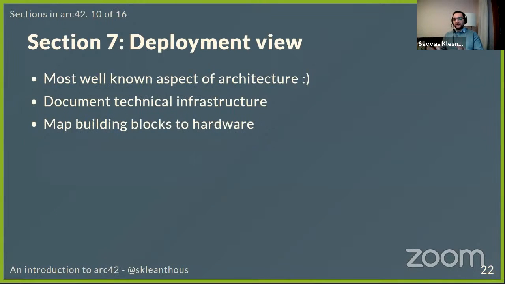How do we put stuff? Where do we put stuff? How is it deployed? What kind of communication do those virtual machines or physical machines have? The firewalls, where traffic comes through and goes and returns back to our users. That kind of thing was always there, and this is the section where this lives.